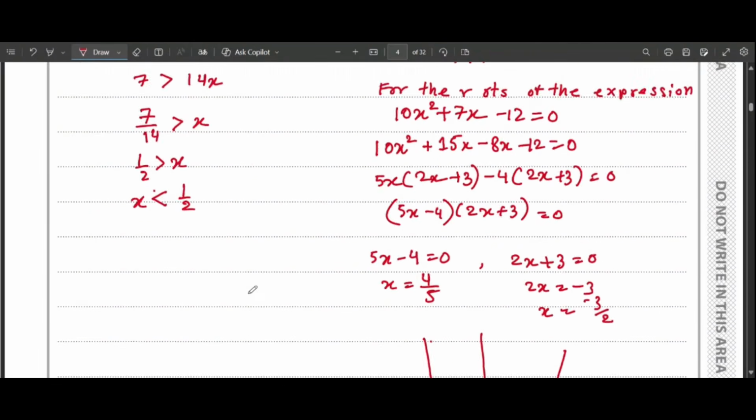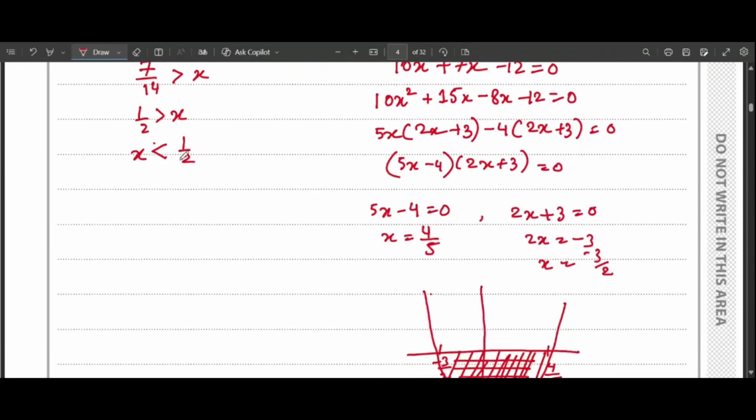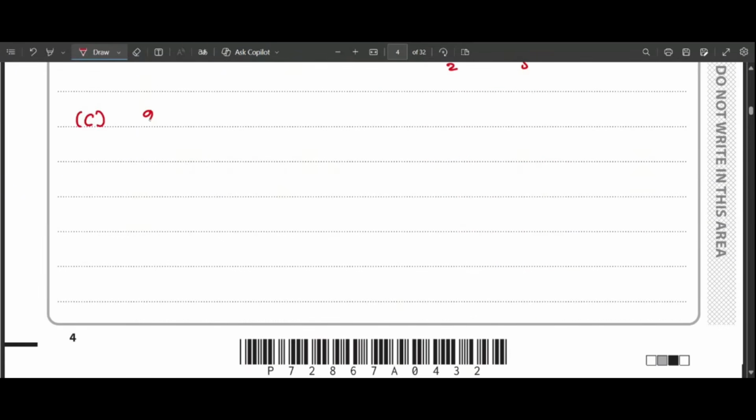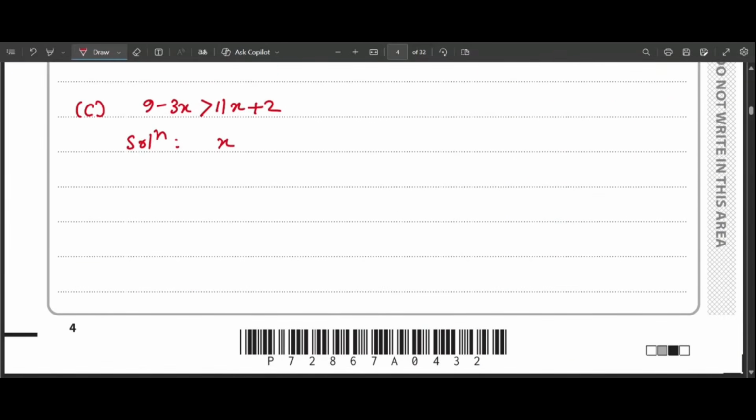that for our first expression, 9x minus 9 minus 3x is greater than 11x plus 2, I can say that its solution is x is less than half. This is the solution for our first inequality.